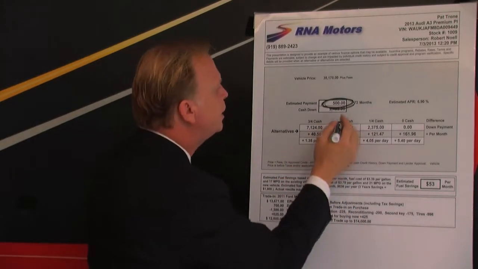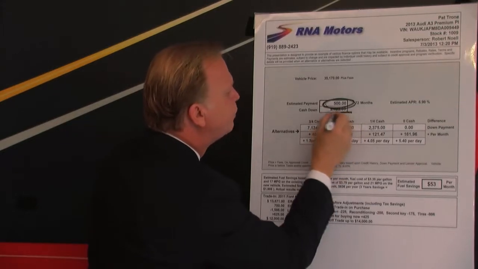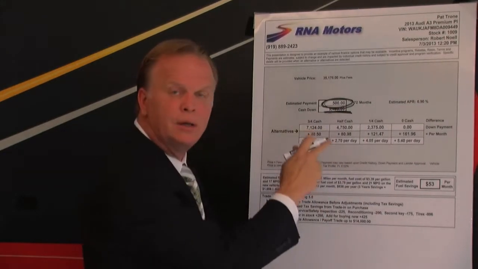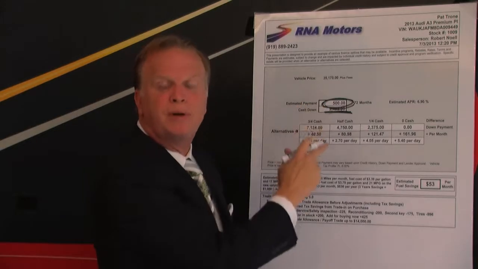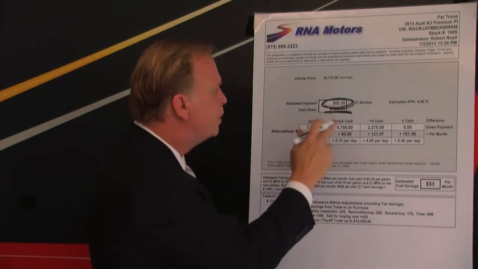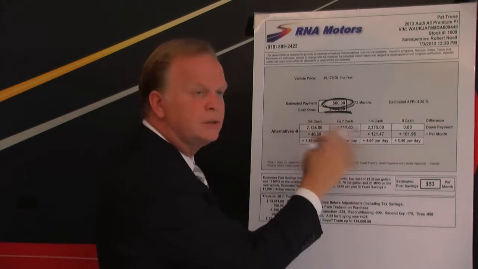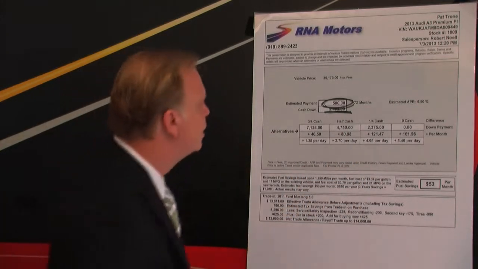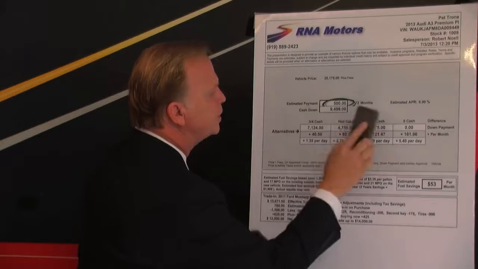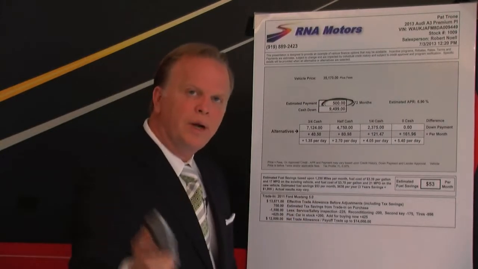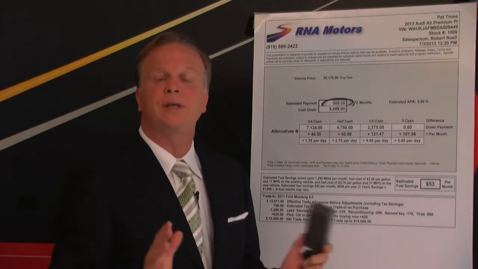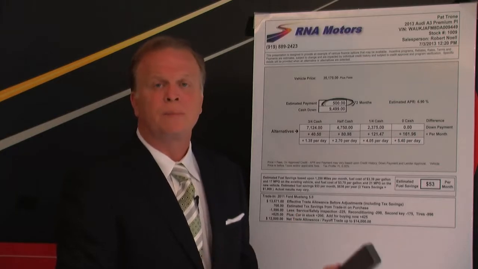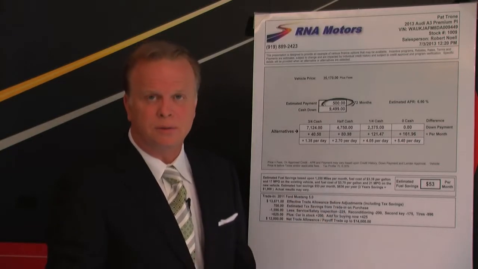Then you're going to say, it would take $9,400 down here to get to the $500 a month. Now, you don't want to put the $9,400 down, so go ahead and mark through that. Let me erase this so you can just see this a little better, because this is a presentation, all right? You go in and you say, look, we sell a lot of cars to our customers because we listen to our customers.